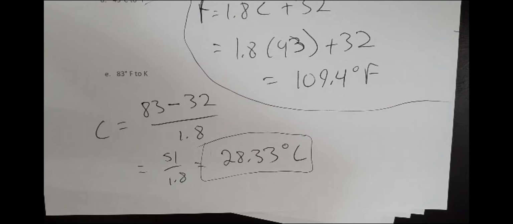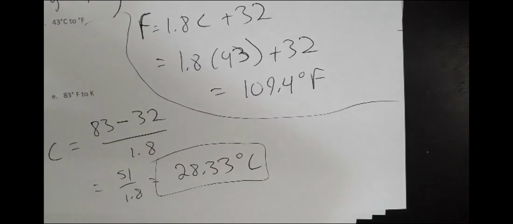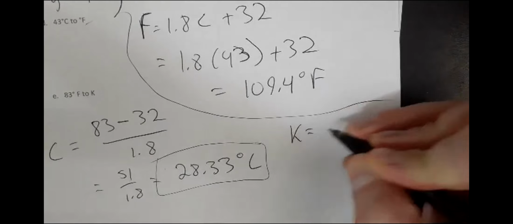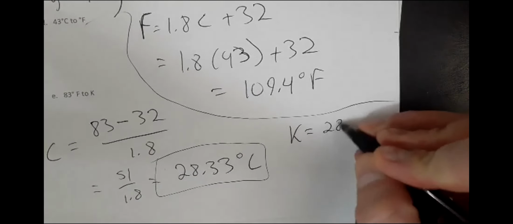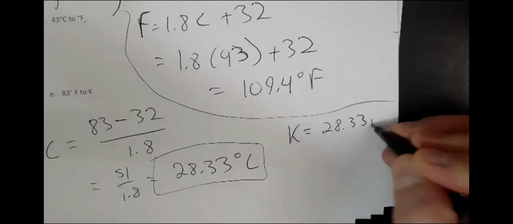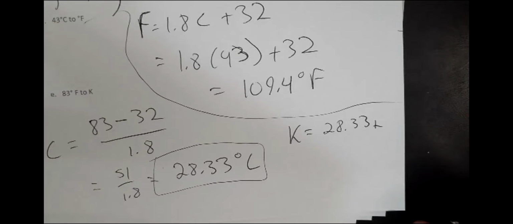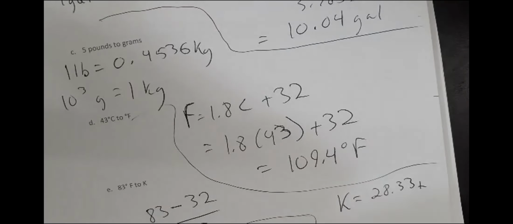Now I want to go to Kelvin. You could really use either formula there, but the easier one to solve from is probably this one. I take my Celsius, which is 28.33, and I add 273.15. I'm running out of room here.